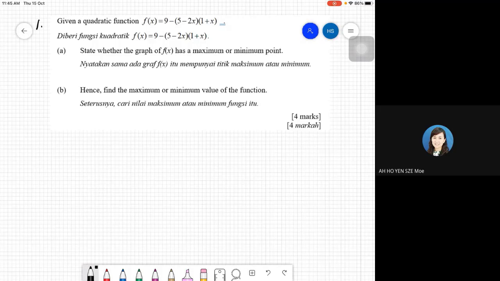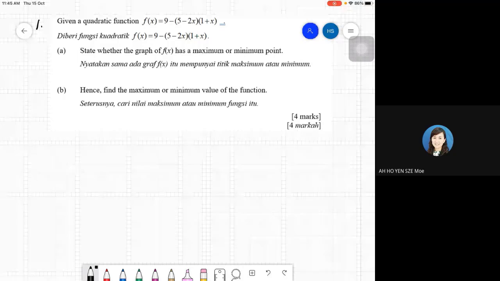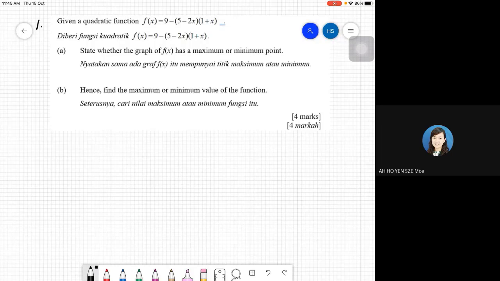Okay, so we're given a quadratic function, and asked to state whether the graph of f(x) has a maximum or minimum point. So how do you check whether the given function has a maximum or minimum? We have to look back at the equation.